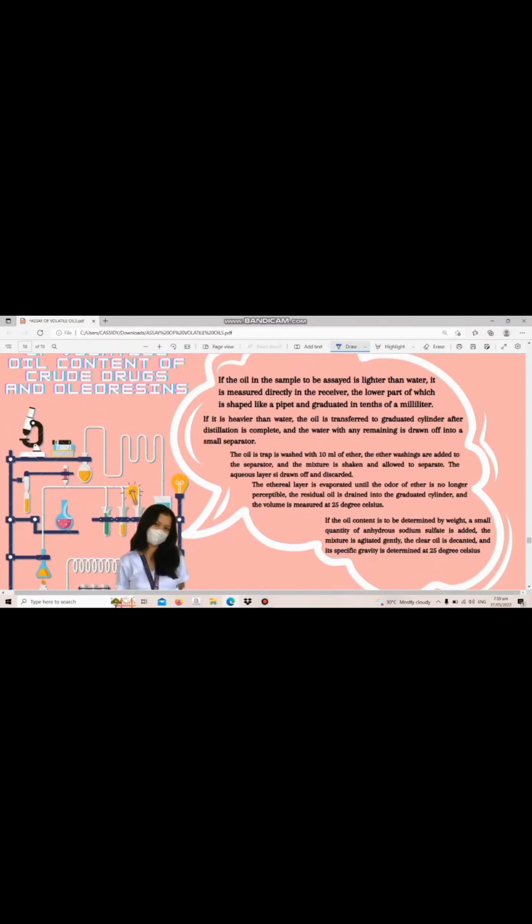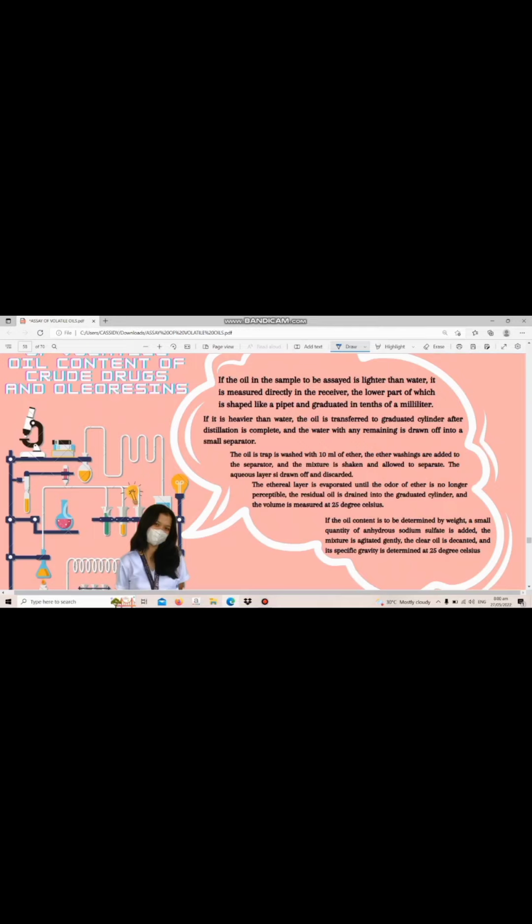Next, if it's heavier than water, the oil is transferred to a graduated cylinder after distillation is complete, and the water with any remaining oil is drawn off into a small separator. The oil trap is washed with 10 ml of ether, so after all the oil is drawn, you will wash it with 10 ml of ether.